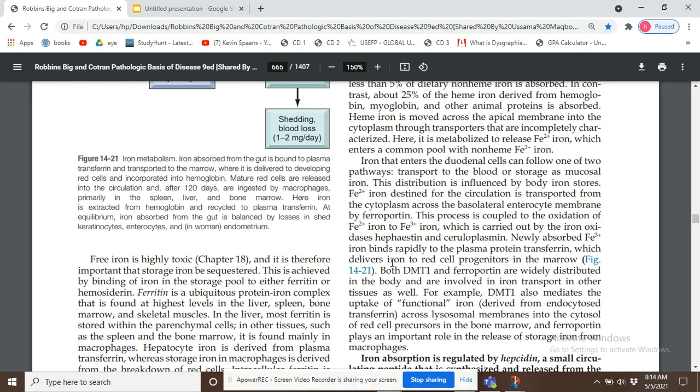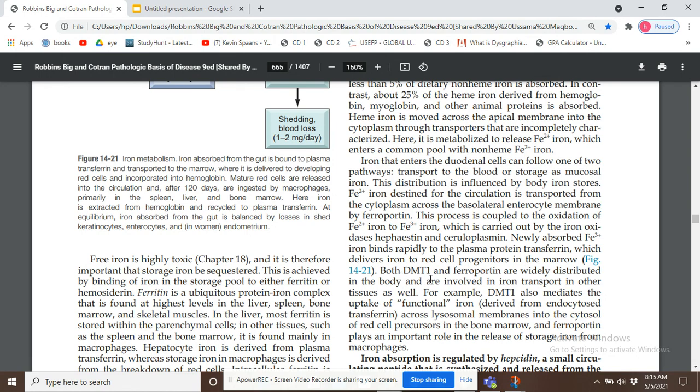Again, when this ferrous iron passes through the basolateral side of the epithelium, it converts back into the ferric form, Fe3 plus, and then binds to transferrin and is transported through the plasma to other sites. Newly absorbed Fe3 binds rapidly to the plasma transferrin, which delivers iron to the red cell progenitors.